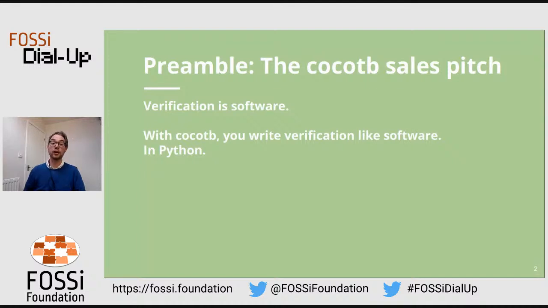That's the job of verification. In many environments, verification is done in UVM, that is SystemVerilog plus a class library. Cocotb offers an alternative: a different library to write those tests in, and a different language, Python instead of SystemVerilog.